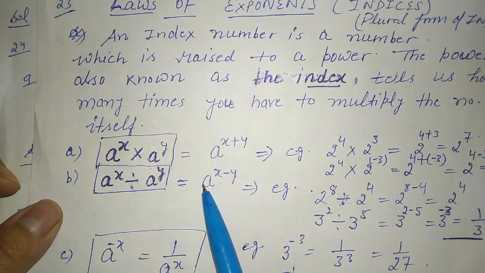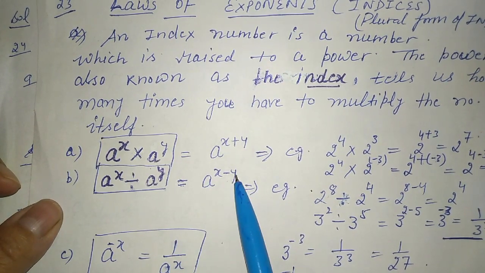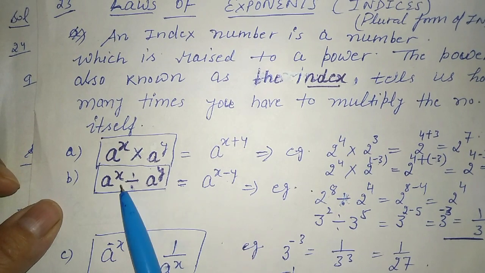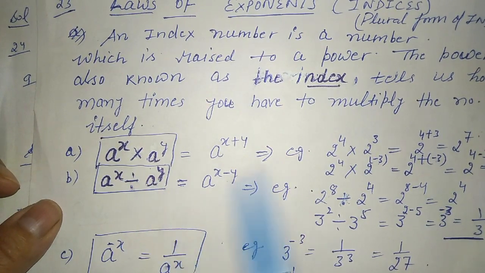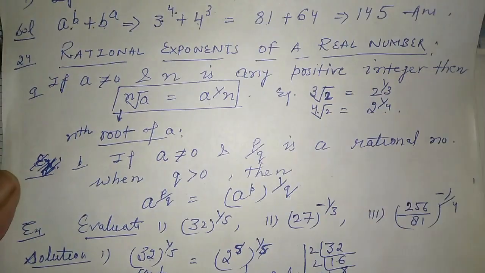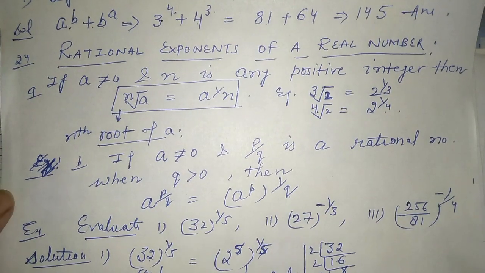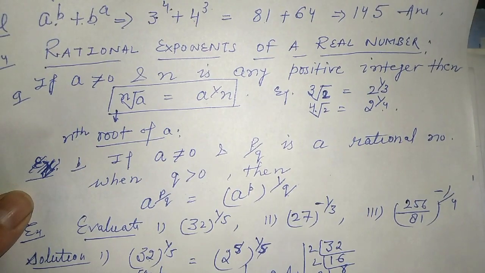Similarly with a to the power x minus y, we can write it as a to the power x divided by a to the power y. All the laws we can use from both sides, either left side or right side, according to the demand of the question.